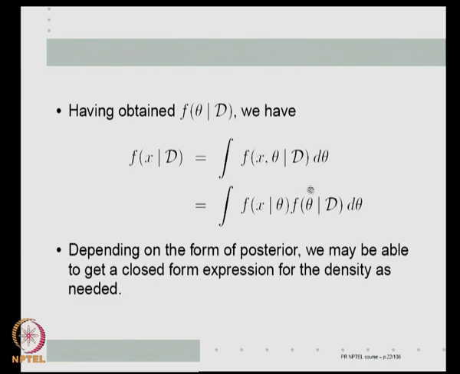F x given theta is the assumed density model, and f theta given d is the posterior that we have estimated. So, we can use this integral to find f x given d, which we can then use as the class conditional density. Depending on the form of the posterior, we may be able to get a closed form expression for this density, and then we can use that as the class conditional density. We will see examples of how to calculate this.